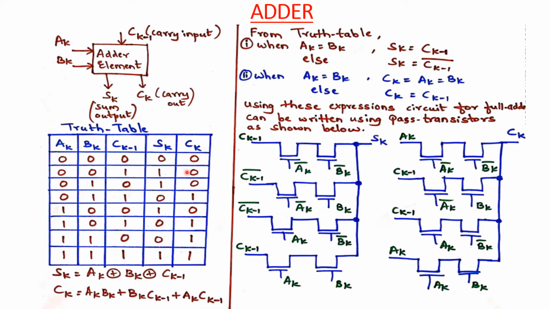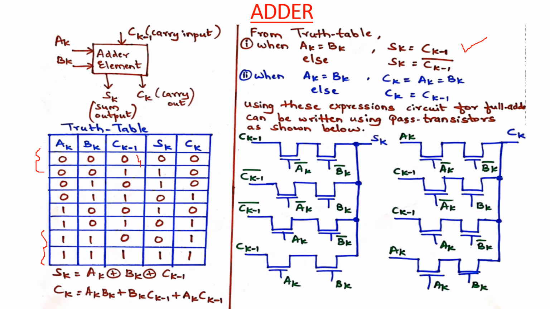And based on the truth table, considering the sum column, if both A and B are equal, in the first two and last two combinations, for the sum column we can write that sum output is equal to carry input.